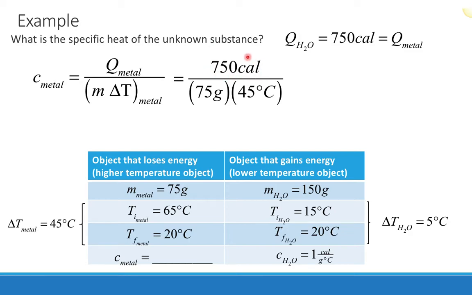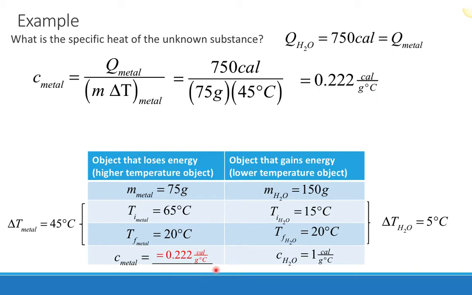For the unknown substance, we know that it was 750 calories that was lost. The mass of the metal is 75 grams, and the change in temperature over here was 45 degrees Celsius. So I end up getting that the specific heat capacity of this metal was 0.22 calories per gram degree Celsius over here.